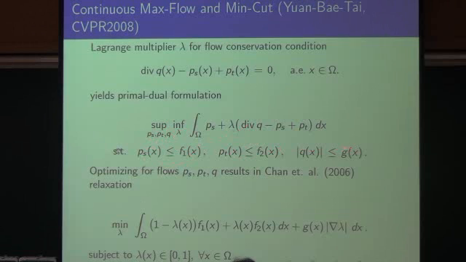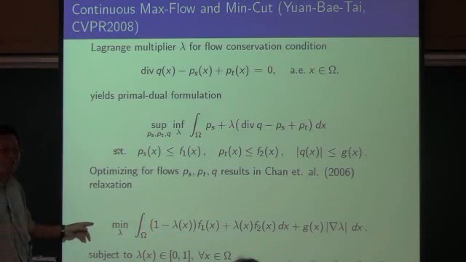Here is a constraint on the capacity. If you eliminate ps, pt, and q, if you eliminate all the flow variables, it turns into a minimization for lambda. This is the corresponding minimization for lambda.